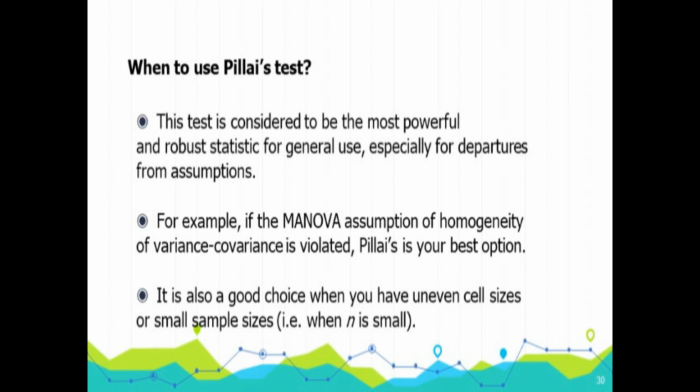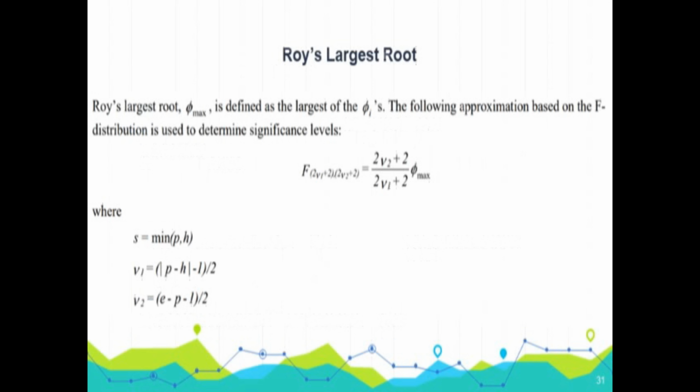It is also a good choice when you have uneven cell sizes or smaller sample sizes, most especially when the n is small. However, when the hypothesis degrees of freedom is greater than 1, Pillai's tends to be less powerful than the other three test statistics. If you have a large deviation from the null hypothesis or the eigenvalues have large differences, Roy's maximum root is a far better option. So we will also discuss Roy's largest root.